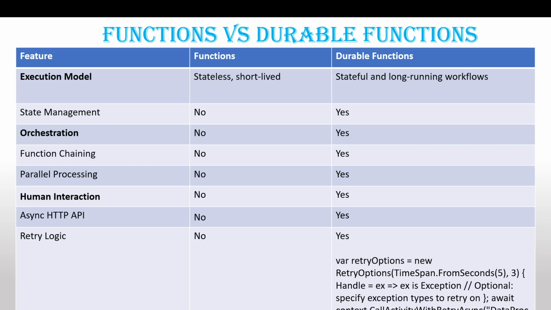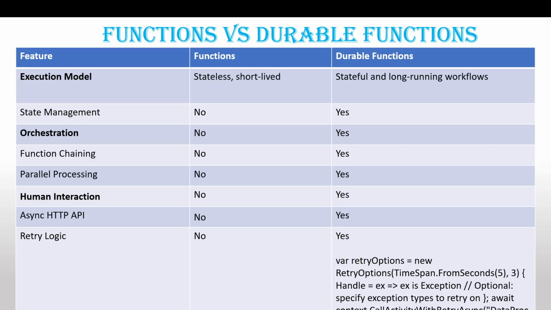Next is human interaction. Consider that you have a larger workflow where human interaction is required. Till a human performs some action, you will not be able to move your workflow to the next step. The best example for that is a leave management system, where an employee applies for leave and the manager can either approve or reject the leave.